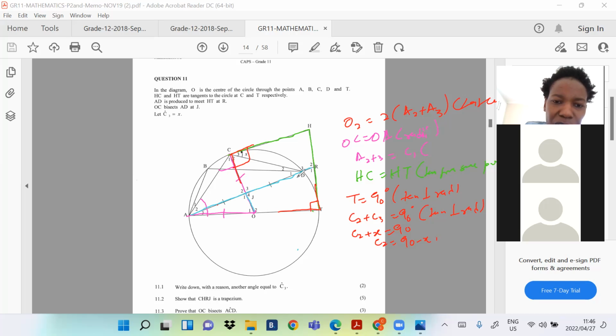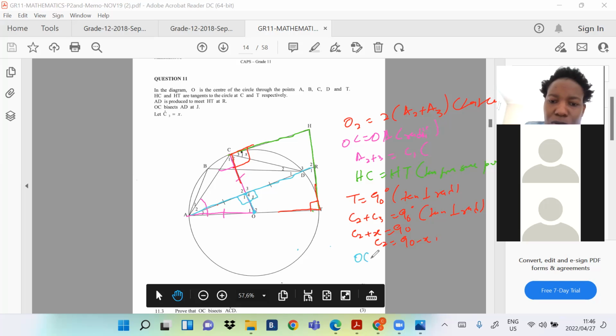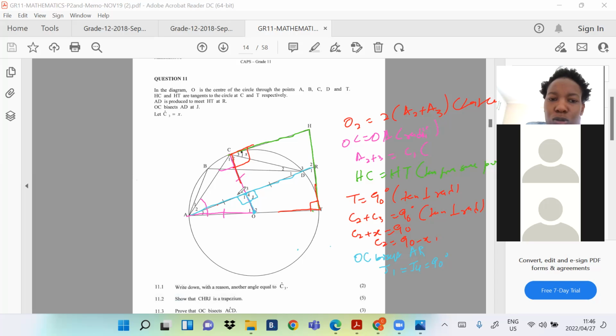You see the theorem, converse of theorem 1. Can you see it? Because this is the center, a line from the center to the midpoint. Therefore, those angles will be 90 degrees. So if OC bisects AR, that means J1 is J4, which is 90 degrees. And isn't J2 and J3 equal to J4?